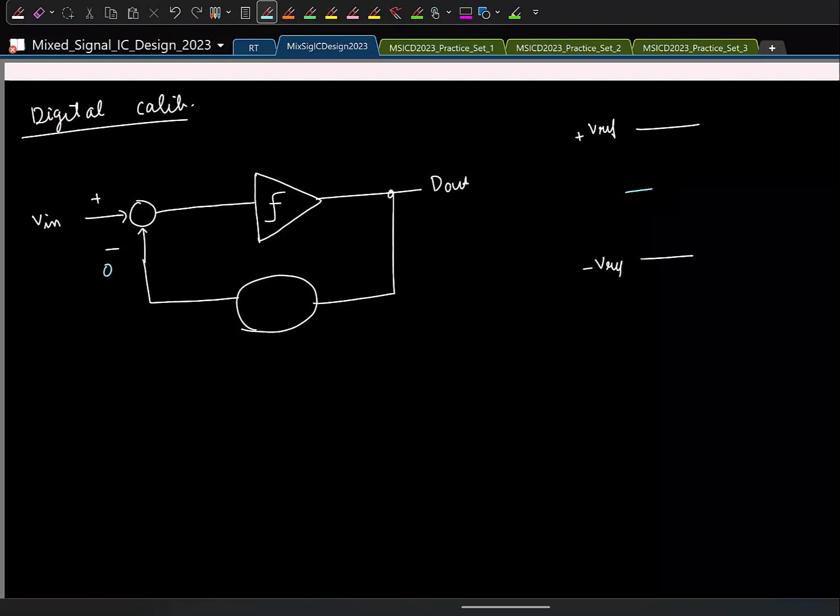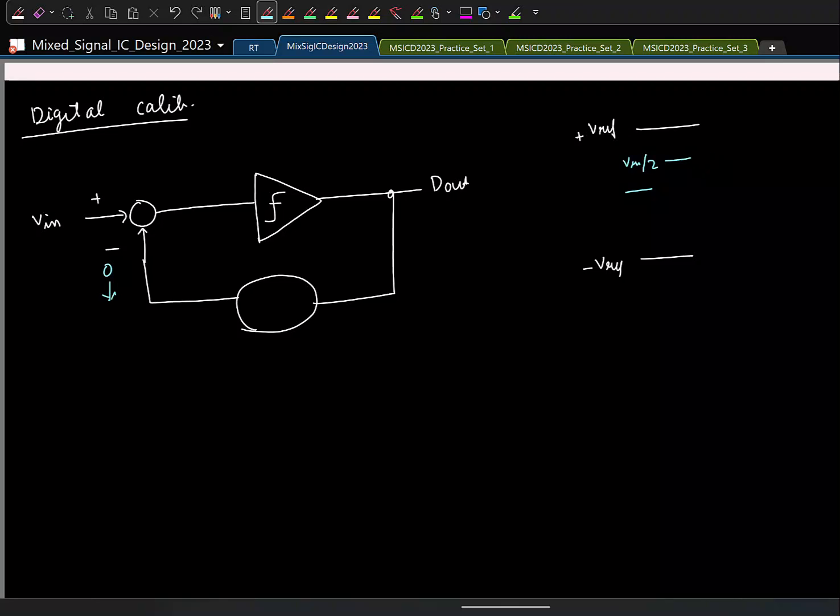Now let us say you get additional information. You find that the input is greater than 0, so it is lying in this range. What will be the reference voltage I will compare my input with next? Vref by 2. So next the SAR will compare with, let me write it here, Vref by 2.